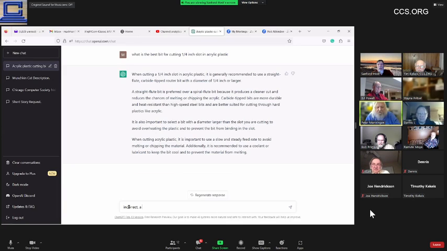The best bit. You typing? No, I'm listening to you first. Okay, the best bit for cutting an acrylic slot is a single flute D-shaped spiral upcut bit. Now they said a straight flute. Single flute, D-shaped.